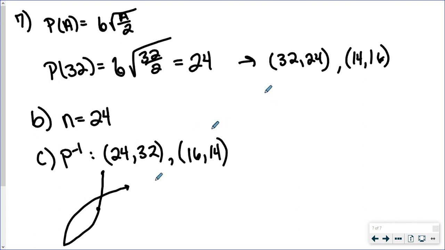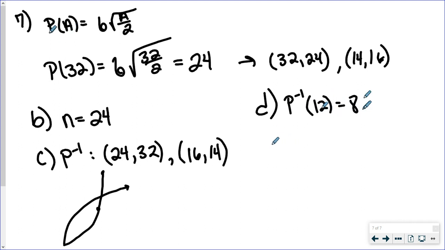Okay. D. In the context of the question, explain the meaning of P inverse of 12 equals 8. Okay. So P inverse of 12 equals 8. All right. So my original function, you plug in an area and you're given the perimeter. So here you plug in the perimeter and you're given the area.